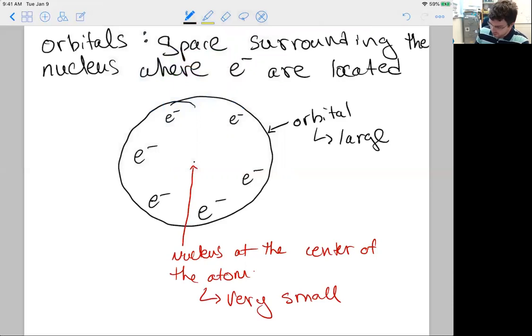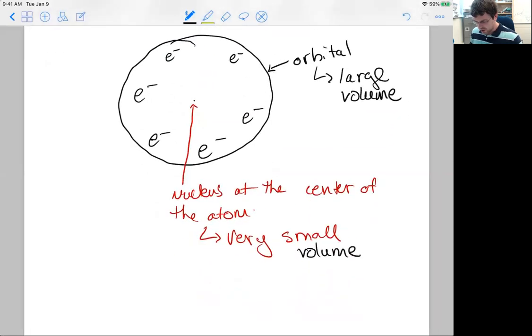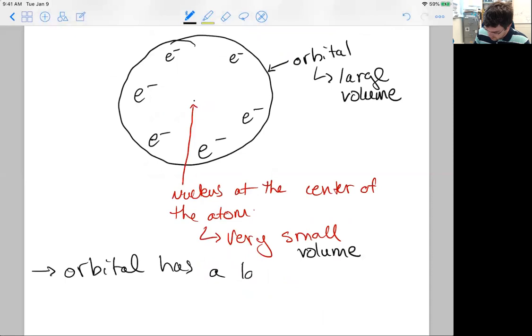What we're talking about with our large and small words is a large volume for the orbital and a small volume for the nucleus. So we're talking about volume, we're not talking about weight or mass. It turns out that the orbital has a large volume, and it's not as large as me, but it's large relative to the nucleus.